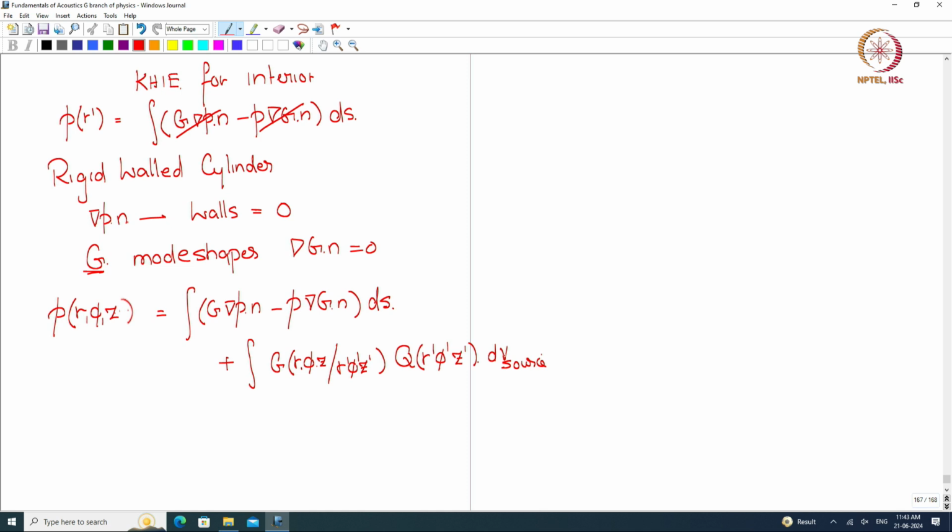So if you have a source distributed in the coordinates r′, φ′, z′, the Green function which gives a response at r, φ, z to a source at r′, φ′, z′, when integrated over the volume of the source, will give the pressure at r, φ, z, t inside the cylinder.